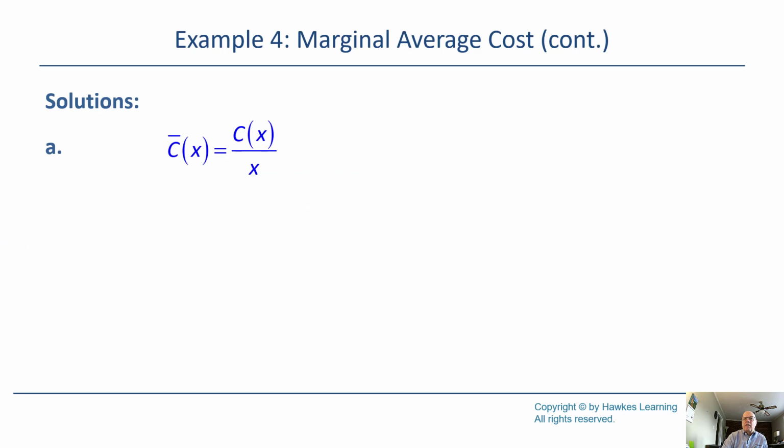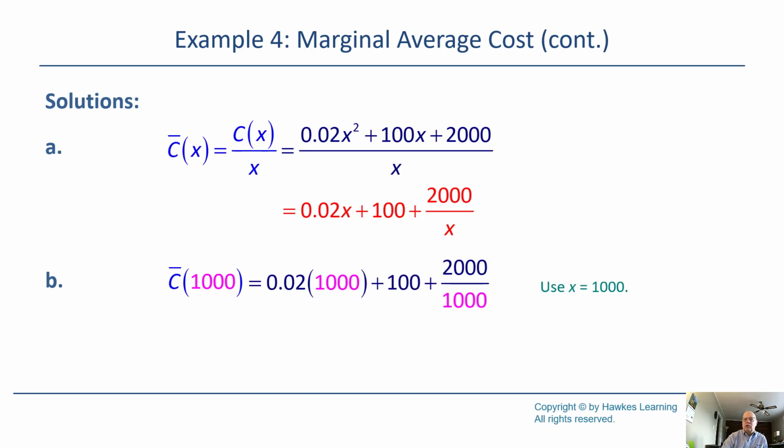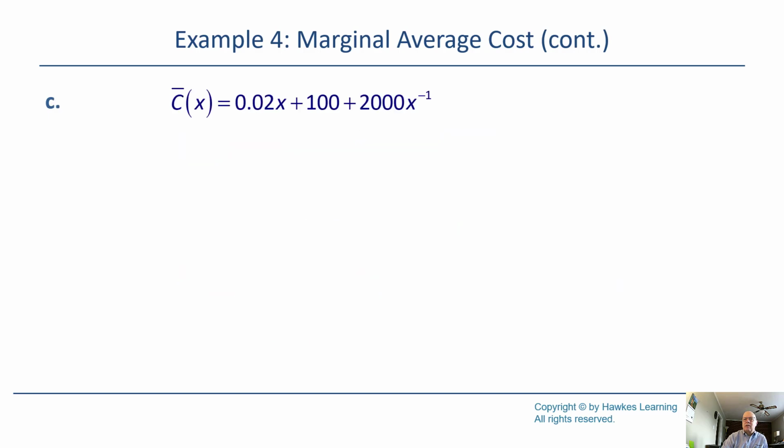First of all, find the average cost function. There you go. You can simplify it. Simplifying is a big deal. What's the average cost for making 1,000? Just put 1,000 in there. Evaluate it. $122 per item if you're making 1,000 of those items.